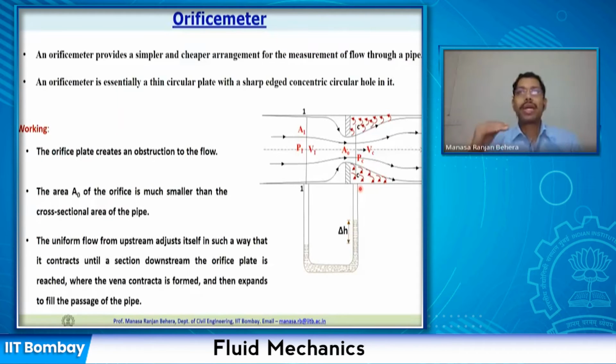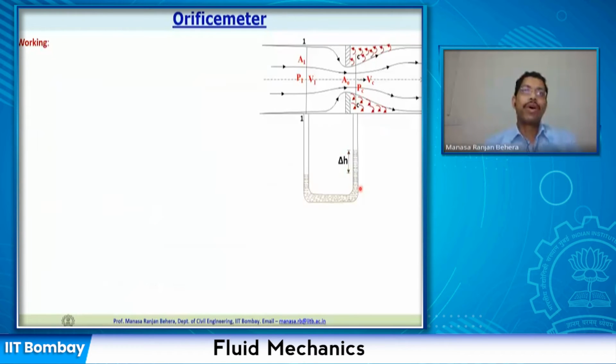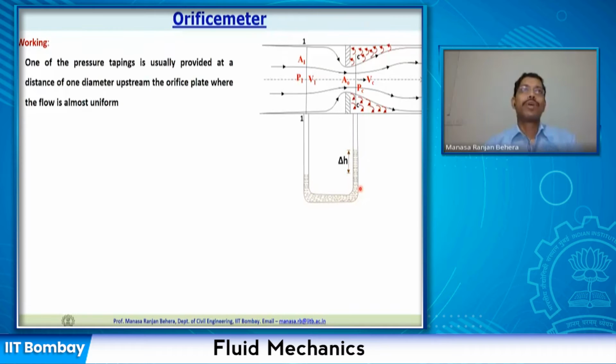In this case, there is a complete detachment of the flow from the surface. In the case of the venturimeter, it was not there. Because there is a detachment, there is turbulence, wake formation and circulations that lead to losses. So in the case of an orifice meter, some losses will be observed.